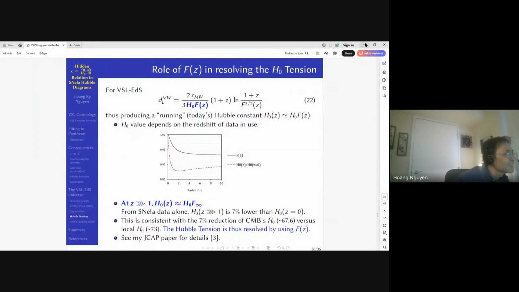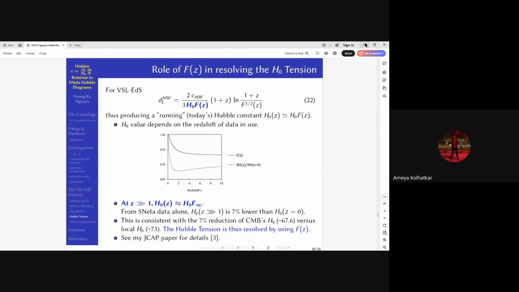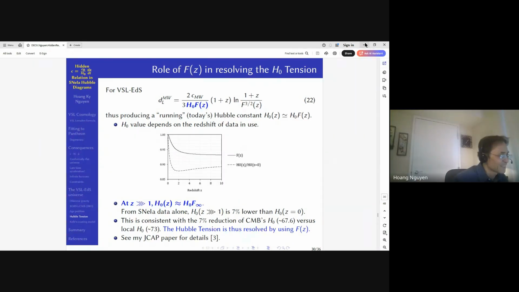Can you see my screen? This is the one, slide 15.